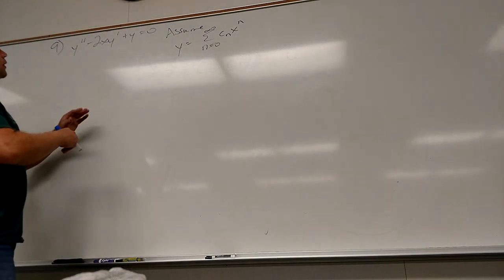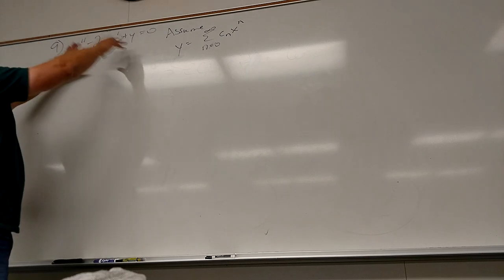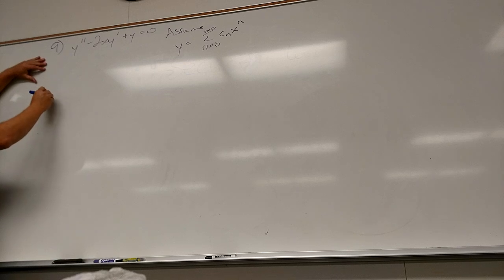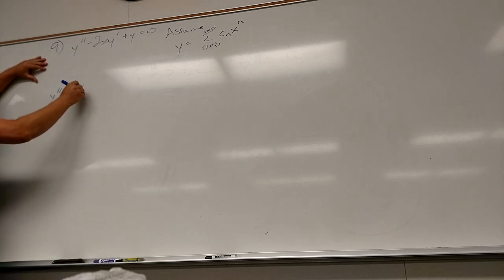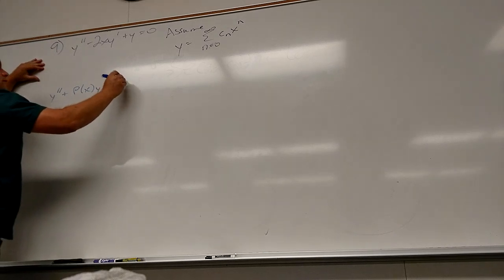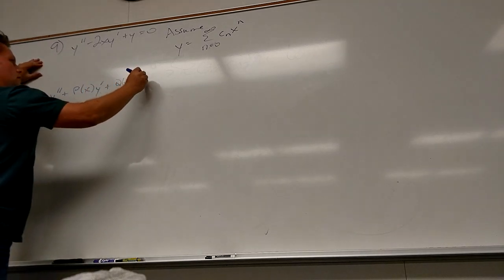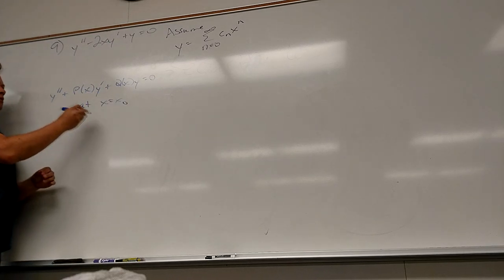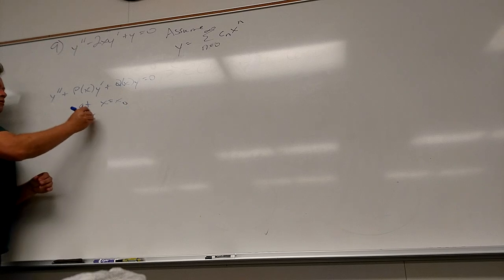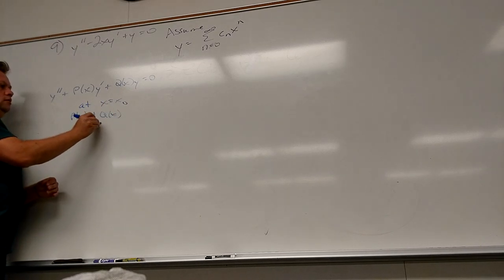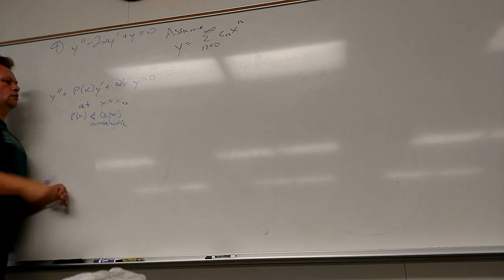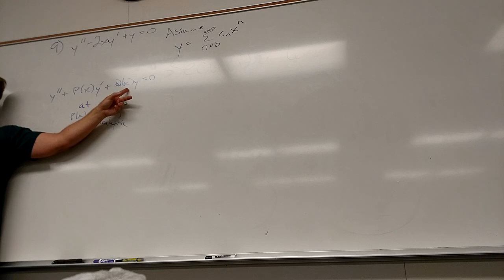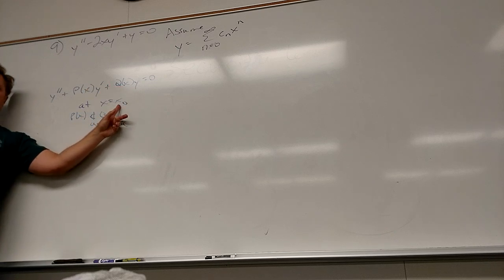So for any given DE, for this one, this is second order. This is what we're looking at currently. As long as P of x and Q of x are analytic at x equal x naught, meaning that whatever functions are here, a power series exists at that point.